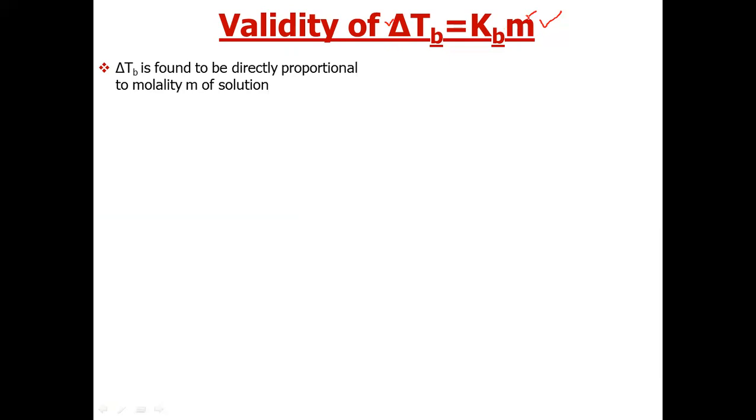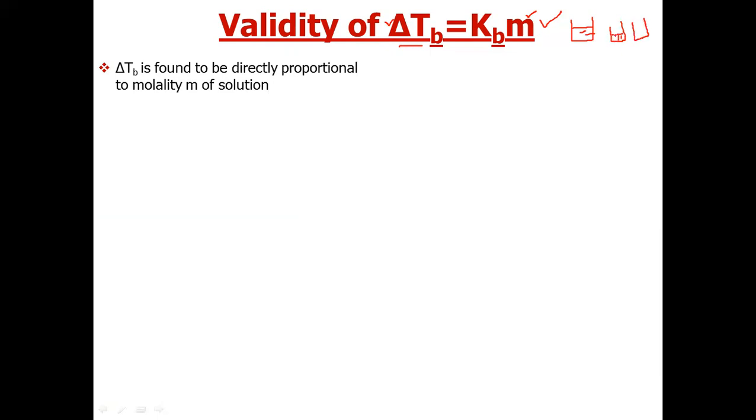Meaning if a more concentrated solution is used, the elevation will be high. The same has been observed when we carry out the experiment. So how can we carry out the experiment? We can take water and note down its boiling point by some method that we will discuss in later slides. Now we make two different solutions of sugar in water.